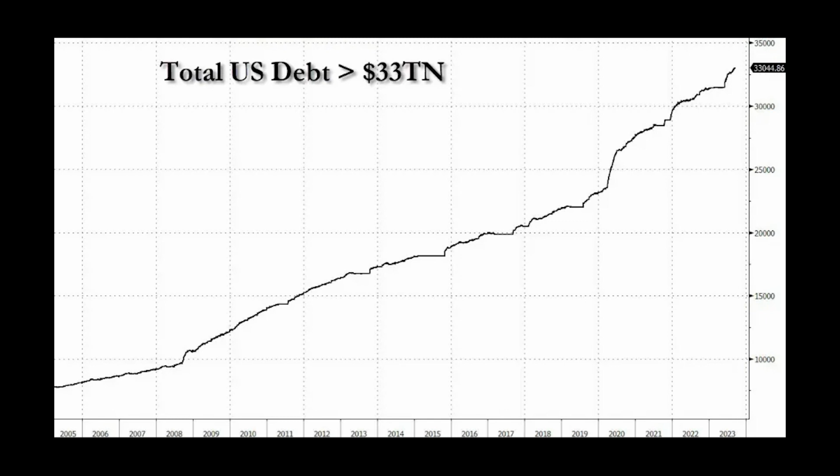The government couldn't keep their spending low, and it passed $33 trillion for the first time in history. So this government couldn't keep their promises and keep their spending low. This is a big risk. We might have a government shutdown on the 17th of November, if I'm not mistaken. We should keep an eye on it.